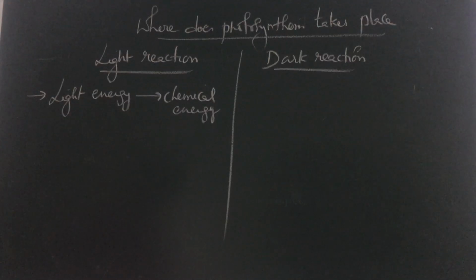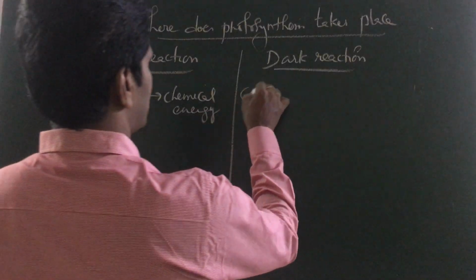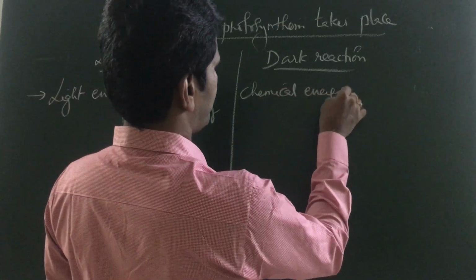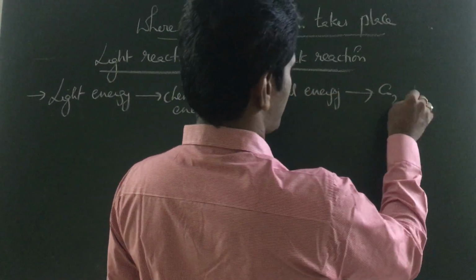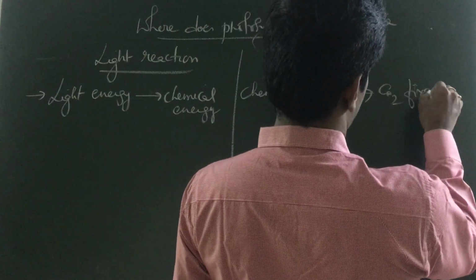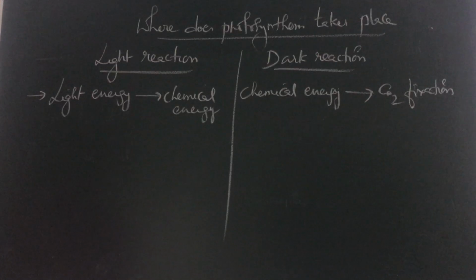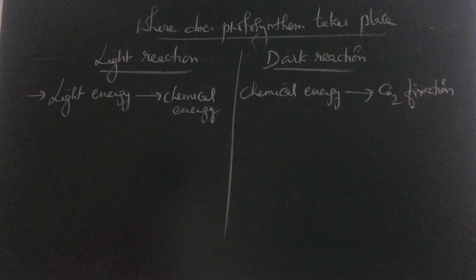Whereas in the dark reaction, chemical energy is used for carbon dioxide fixation. Okay? Right.